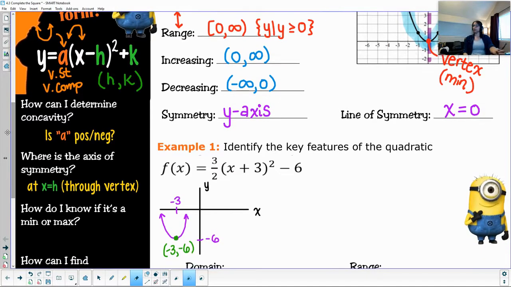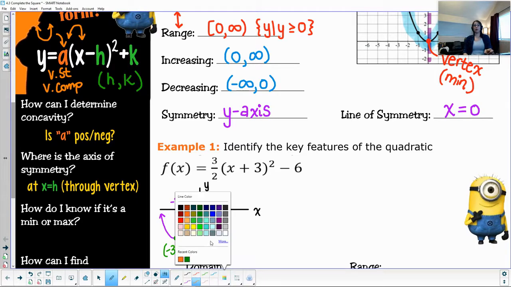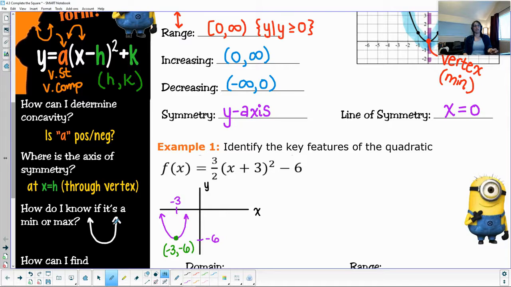How do we know if it's a minimum or maximum? Well, that's going to depend if our graph is opened up or if it's opened down. So if I am concave up, well, then I'm going to have a minimum at the vertex. And likewise, if I'm concave down, well, in that case, I'm going to have a maximum. So all of that will depend on concavity.